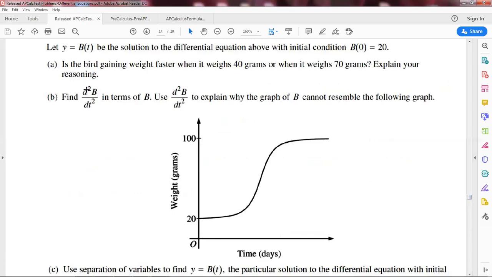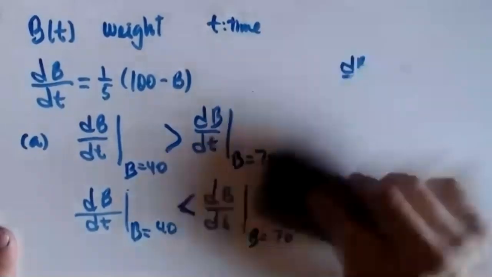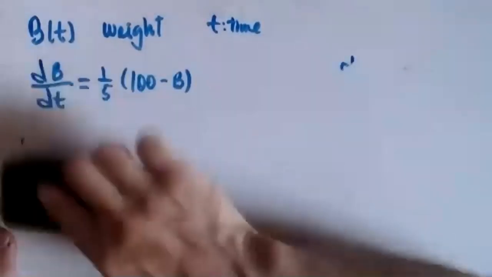So find the second derivative in terms of b, and then use the second derivative you find to explain why the graph of b cannot resemble the following graph. Well, let's find the second derivative. That's the easy part.